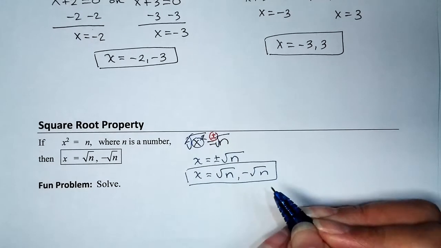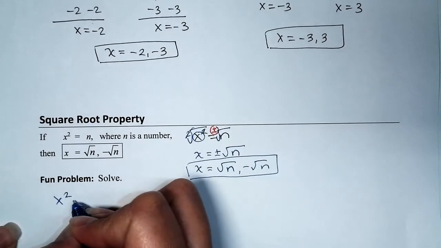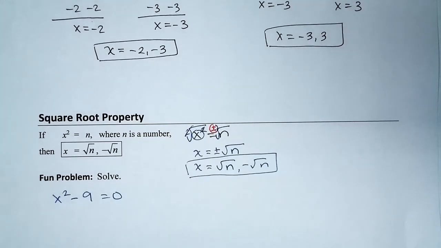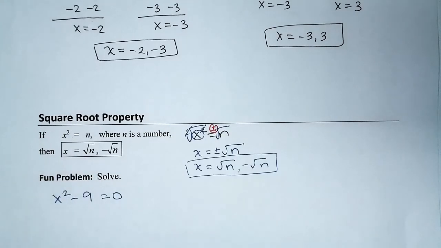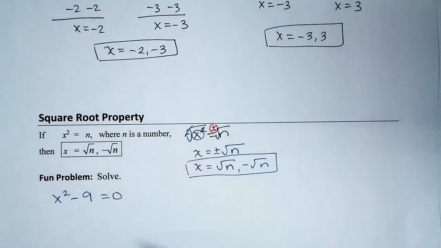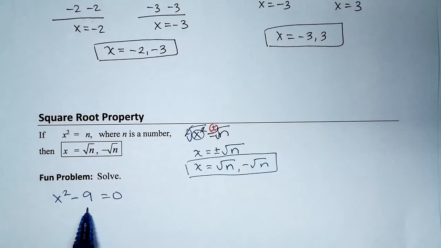Okay, so let's go ahead and knock out that same problem one more time. So we have x squared minus 9 is equal to 0. And the question is, when is it that we can solve a quadratic equation by using the square root method or square root property? Same difference. You can use this technique when you have a squared part and a number part.